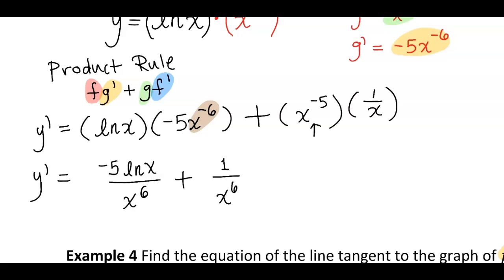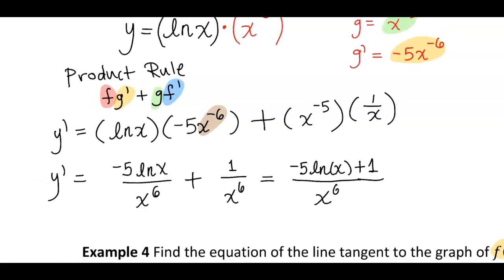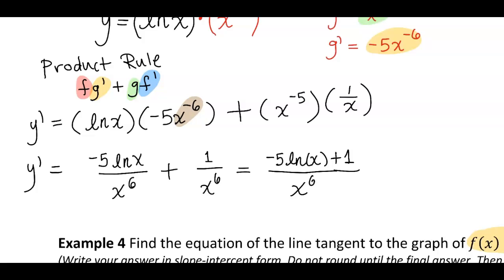Why am I saying this is awesome? Because look at these two fractions. We can combine them. They have a common denominator already. So I will have x to the 6th power in the denominator, and we'll have negative 5 natural log of x plus 1. Or, you know why I draw that parenthesis after x? Because I wanted to make sure that I close that argument.